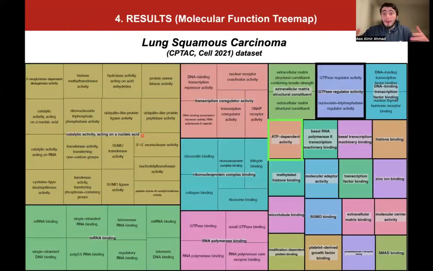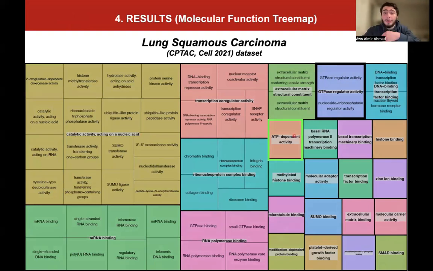Another possible way of visualizing our results is the tree map. The tree map gives us the chance to see which functions are getting upregulated in correlation to SBS5 contribution. For example, one of the highlighted results here is ATP-dependent activity, which is getting upregulated in samples of high SBS5 contribution.